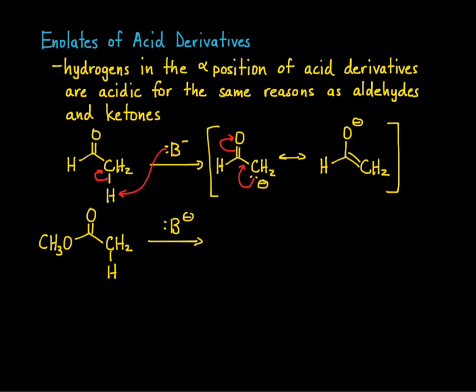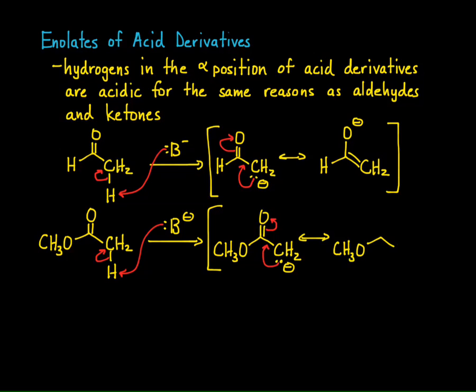If I react those alpha hydrogens with a base, I can abstract that hydrogen and draw a resonance structure, again an enolate of my ester. In that enolate, I can draw a resonance structure to stabilize it, donating the pair of electrons into the carbonyl, breaking that carbon-oxygen bond and placing the negative charge on the oxygen.